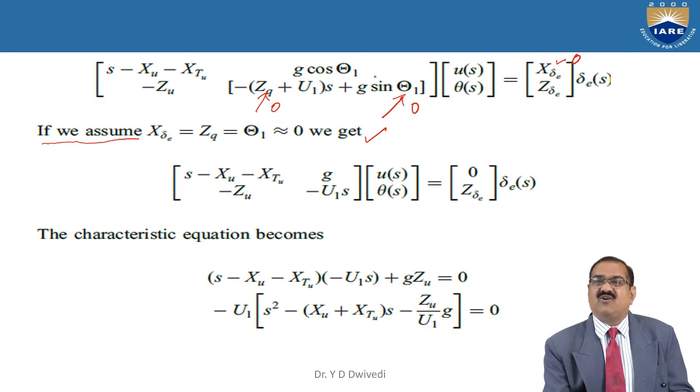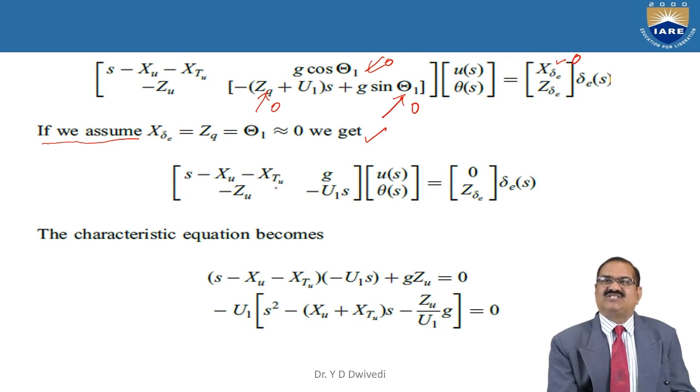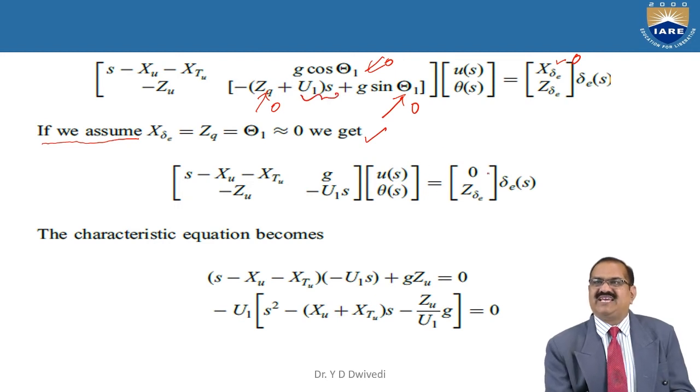These three terms we have made 0. So we get s minus Xu minus Xtu, and g cos theta 1 equal to g in the first row, then minus Zu, and here you will get minus U1 s. Only this term you will get, with u(s), theta(s), and delta e terms zero.